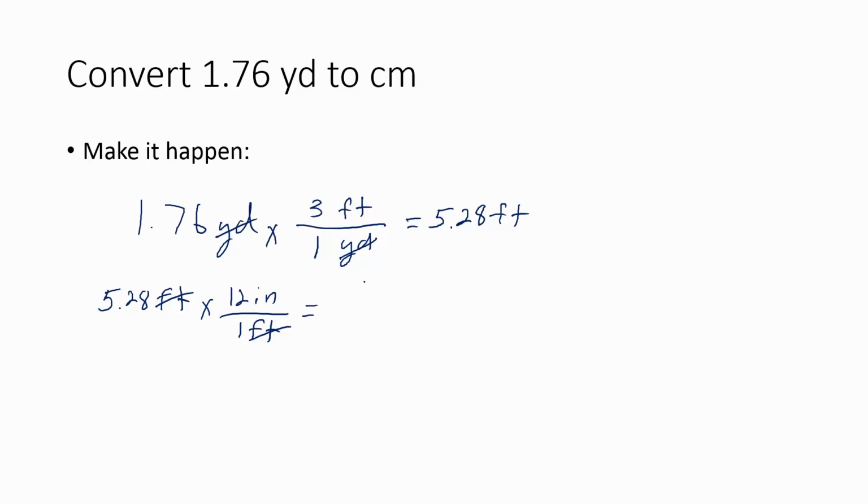And I get 63.36. Not rounding or anything really yet, just going to keep pushing this along. Inches. Okay, so then we take 63.36 inches times 2.54 centimeters for every 1 inch.